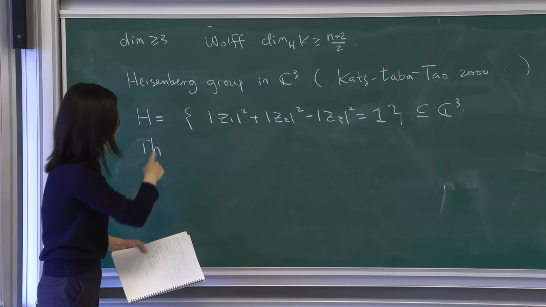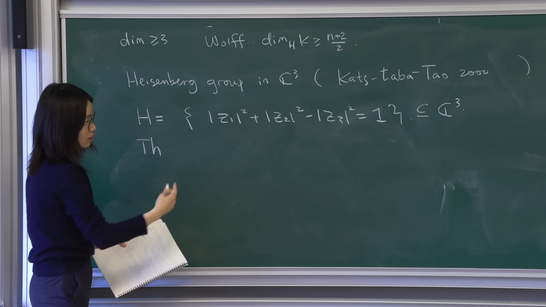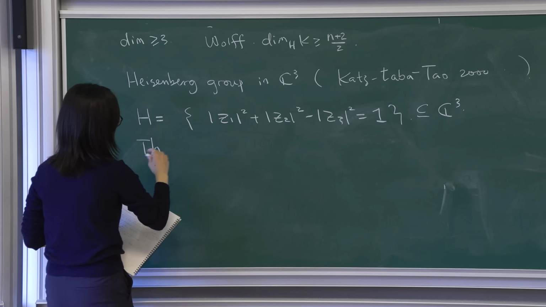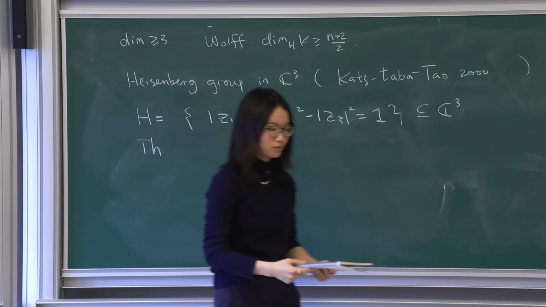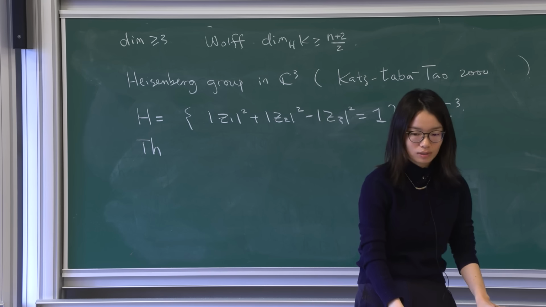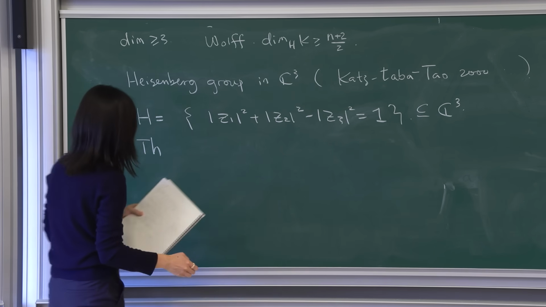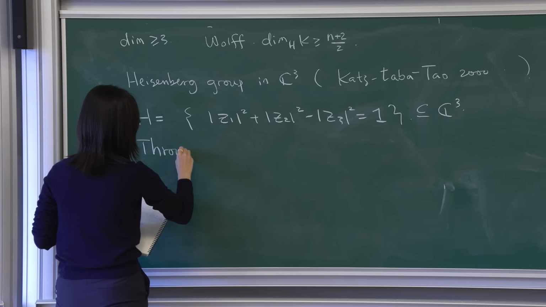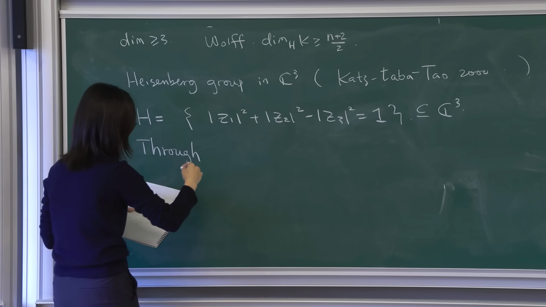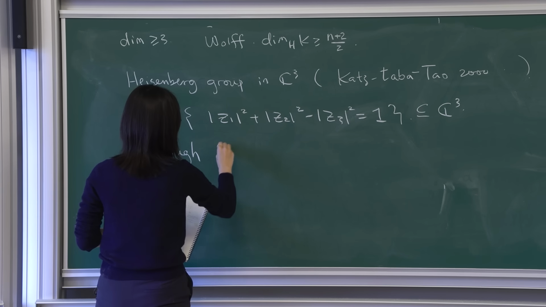So we first show that this H contains a lot of complex lines, because since we are considering C3, the unit line segment should be complex line segments. Through how many complex lines, like how large is the set of complex lines?